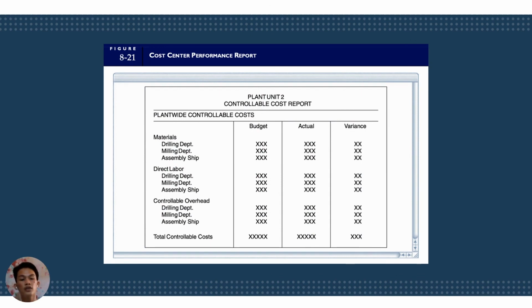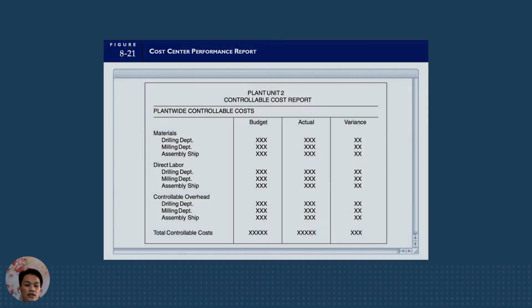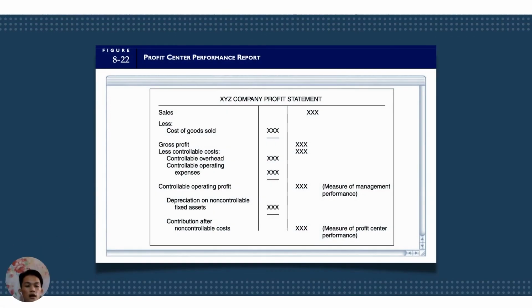So, this is the cost performance, where we allocate the budget, the actual, and then the variance cost. The next one is the profit center performance report. So, in the profit center, we allocate the profit. So, sales, cost of goods sold, sales less cost of goods sold, gross profit, then we deduct our operating expenses.